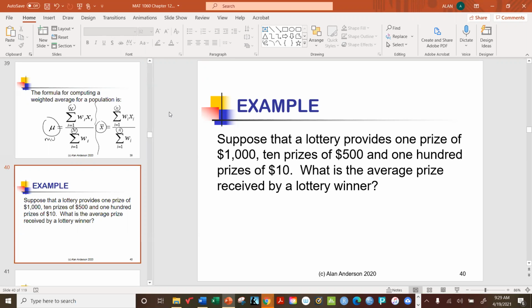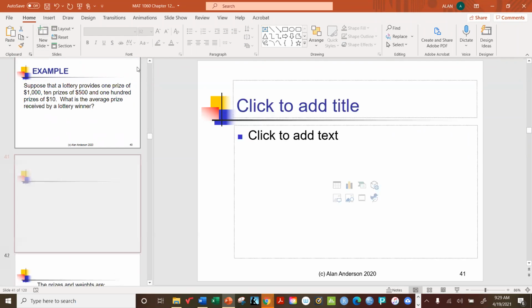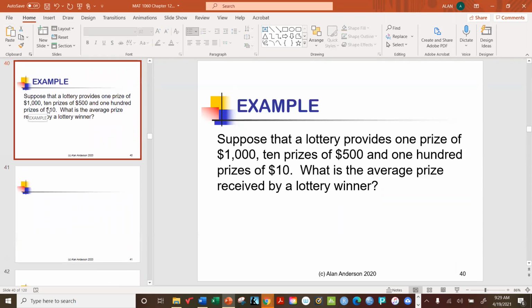What is the average prize received by a winner of this lottery? So if you do win, on average, what would be your prize? Now, what we cannot do here is simply take those three numbers and add them up and divide by 3. Let me just leave this up for a second so you can catch up.